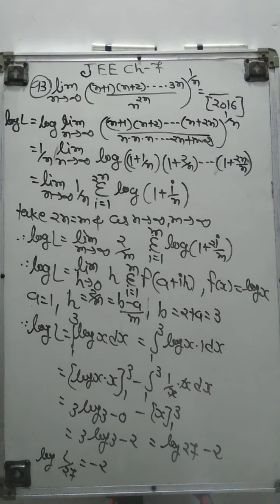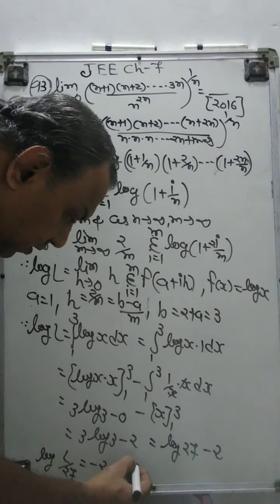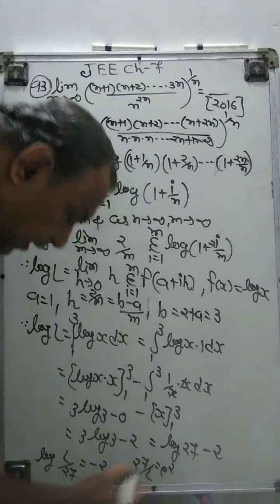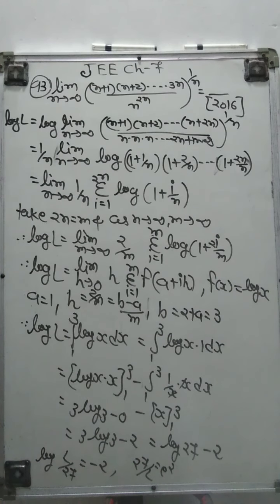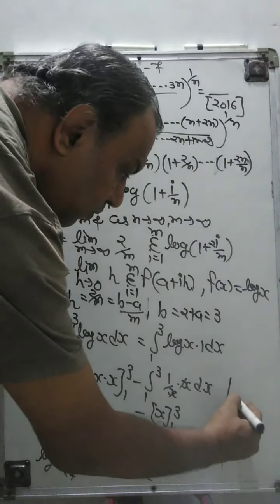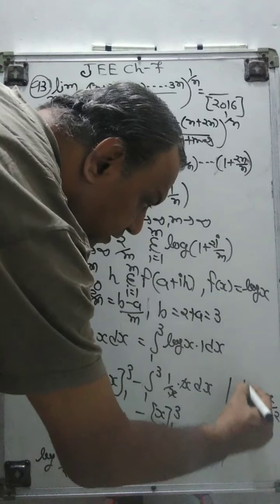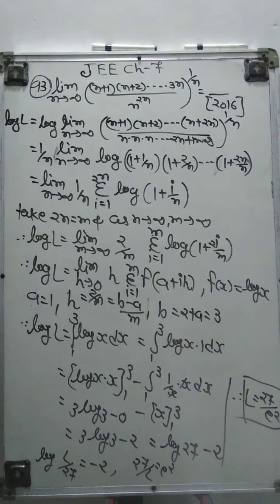Okay, log L by 27 is minus 2, means we take 27 upon L is equal to e square, and we want to find L equal to 27 by e square. So L equal to 27 upon e square. So this is our answer, right?